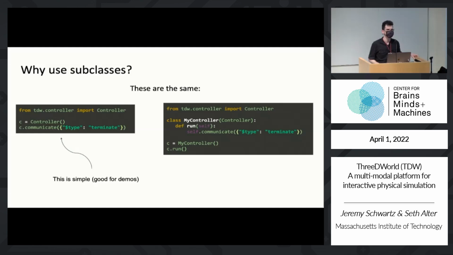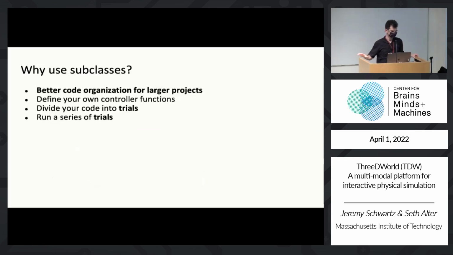It's harder to read. You have to understand how classes work in Python to really get what you're looking at. The difference is that it's more robust. It encapsulates all the functionality you need. So for large projects, you should almost always be subclassing Controller and creating this kind of class hierarchy. So yeah, better code organization, and you can divide everything into functions.